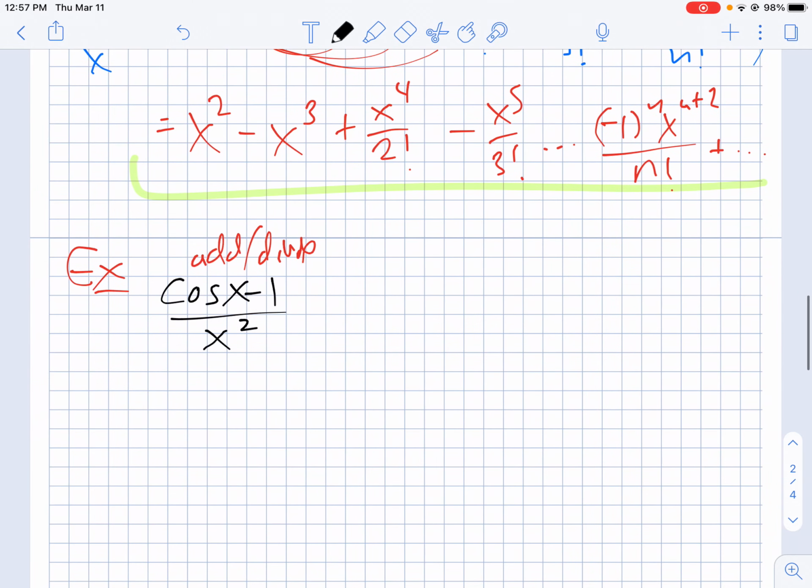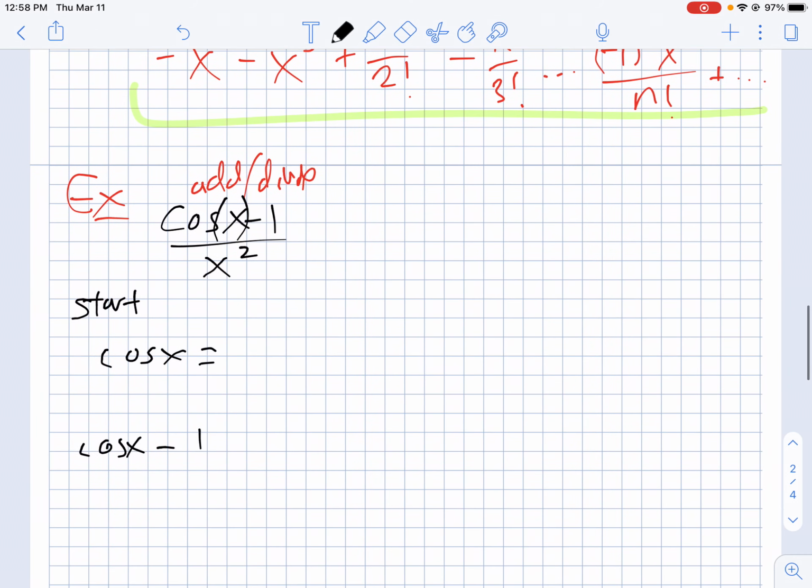So the steps we're going to work with: the starting point is the series for cosine of x, then subtract 1 to get cosine of x minus 1, and then finally divide everything out to get cosine of x minus 1 all over x squared. So thinking of order of operations, we do the whole top, and then we do the division at the end. Okay, so we'll start with the series for cosine x.